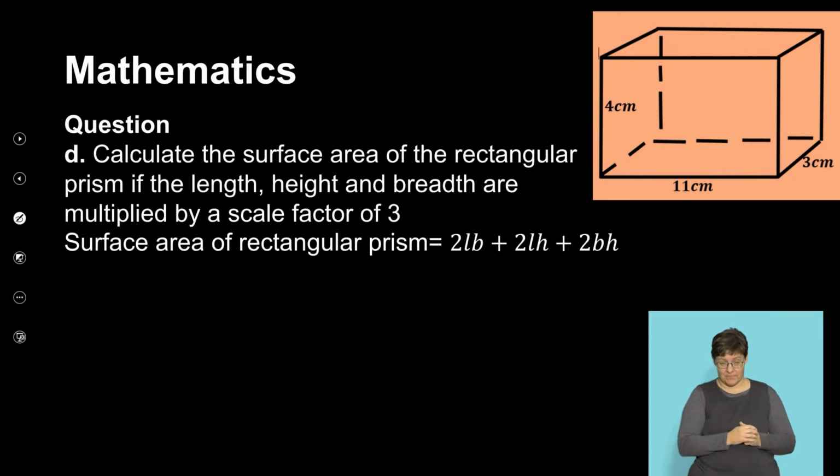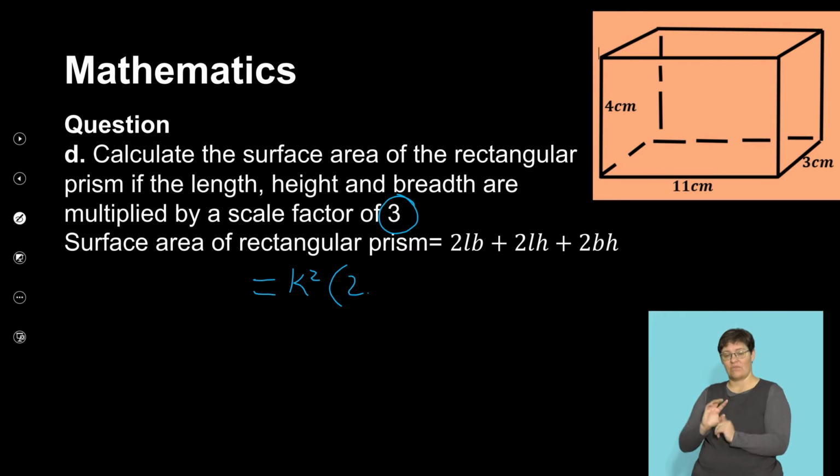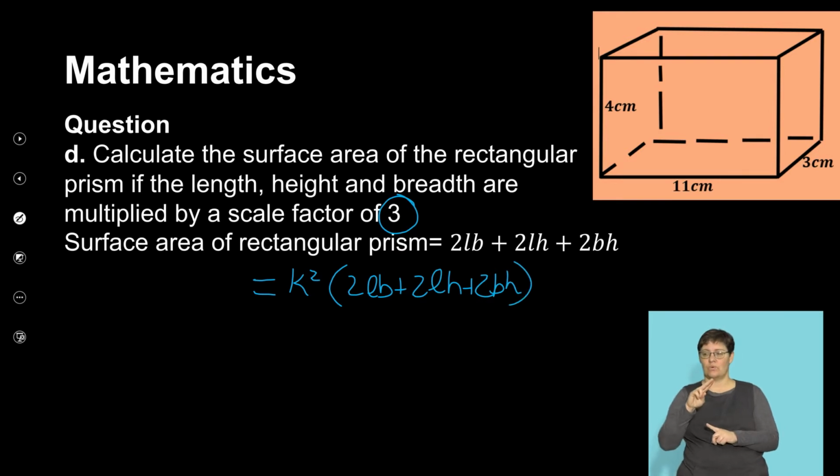So we are now going to calculate the surface area of the rectangular prism if the length, height, and breadth are multiplied by a scale factor of 3. Just a reminder what we said, the influence of the scale factor is on the surface area. We said that the scale factor squared multiplied by the surface area will give me the new surface area.